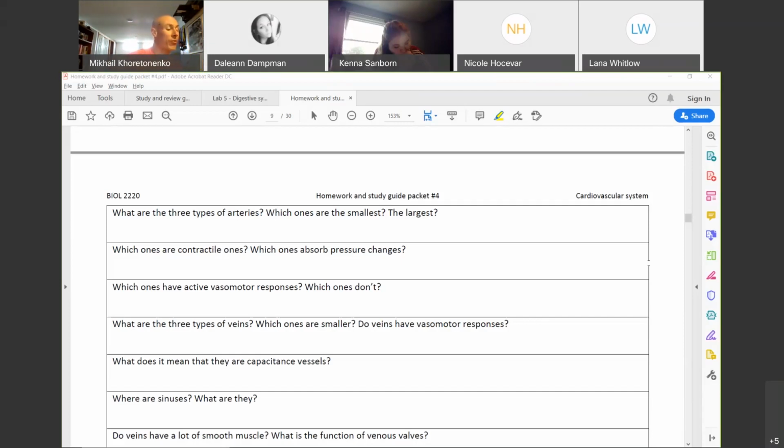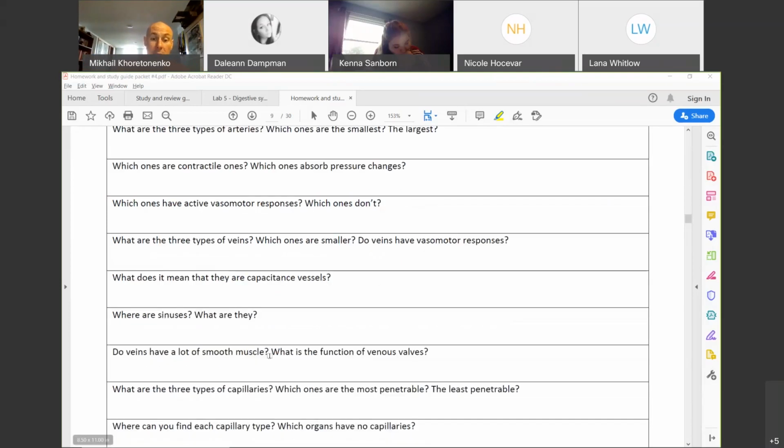Sinuses are a special type of vein found in the cerebral circulation. They are flattened. Veins do not have a lot of smooth muscle, and the function of the venous valves is to prevent backflow.